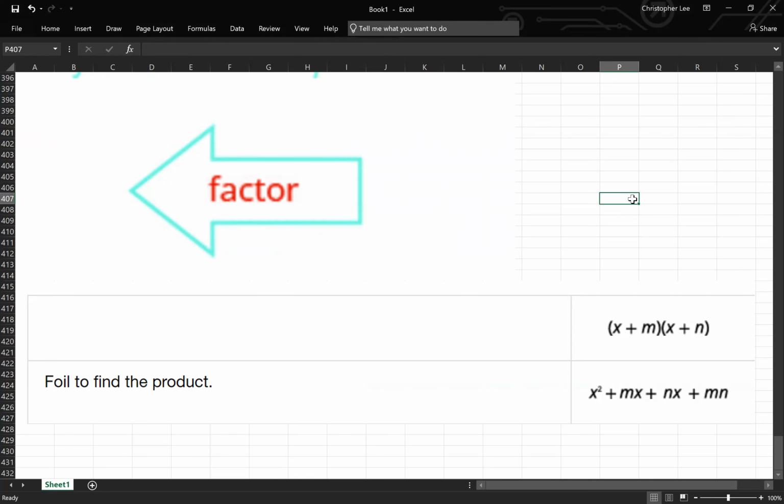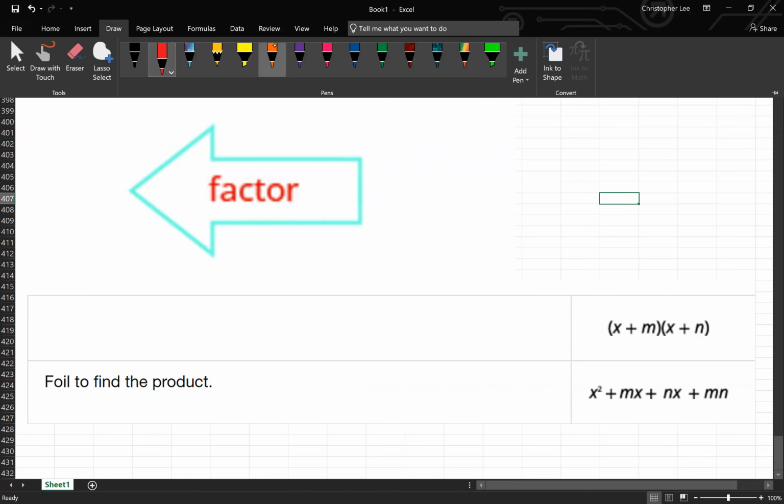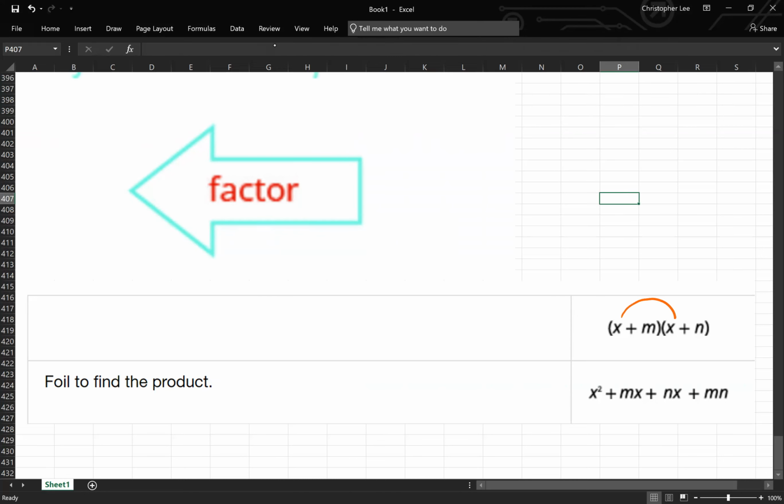What we do is we FOIL to find the product. FOIL is just the first, the outer, the inner, and the last. That's how we get our product out.